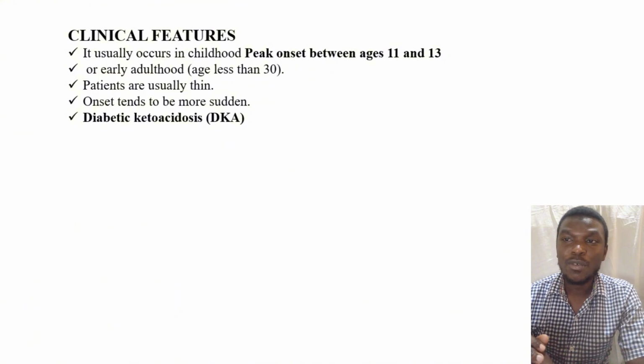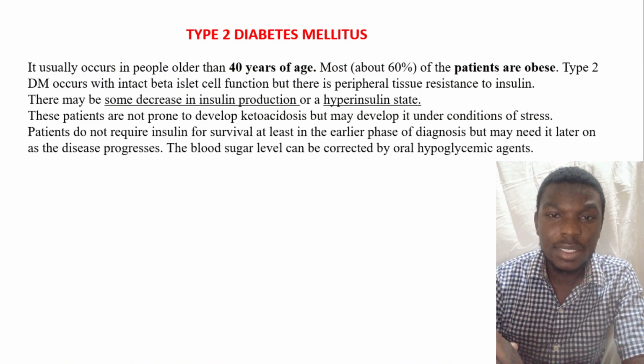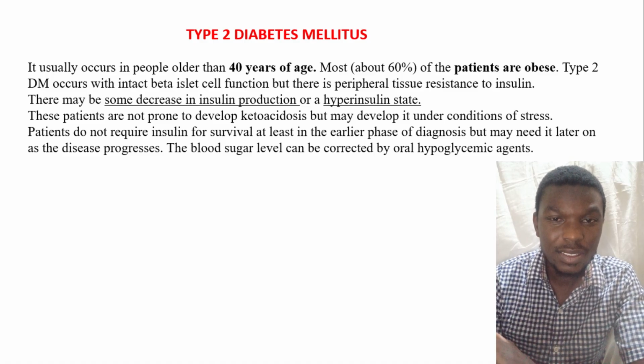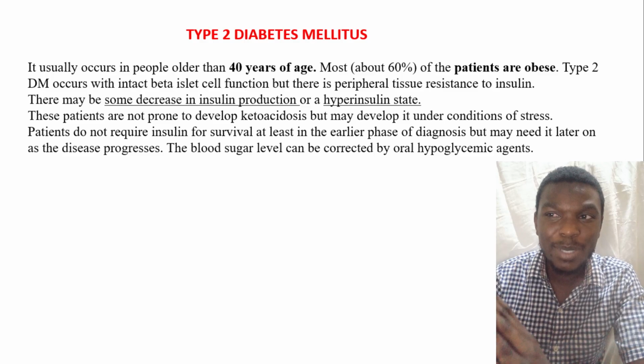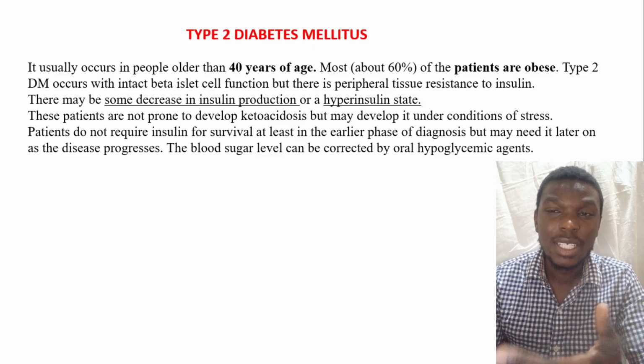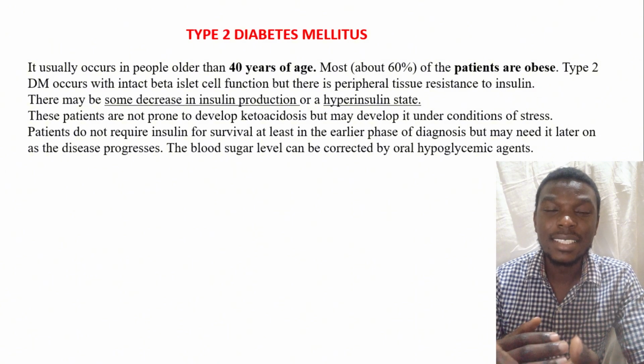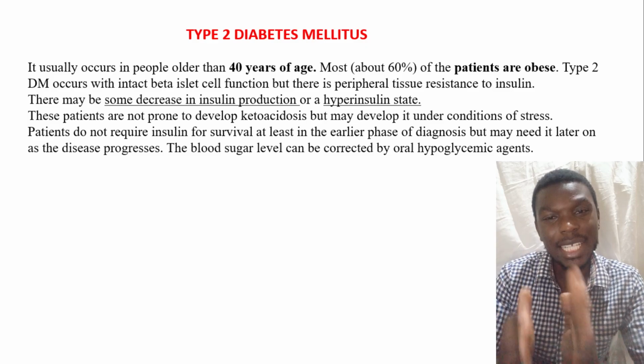So we move on to type 2 diabetes. So this one is common in people that are over 40 years and mostly in patients that are obese. So people that are overweight. So in these patients, the problem is the resistance to this insulin. So the production is intact.